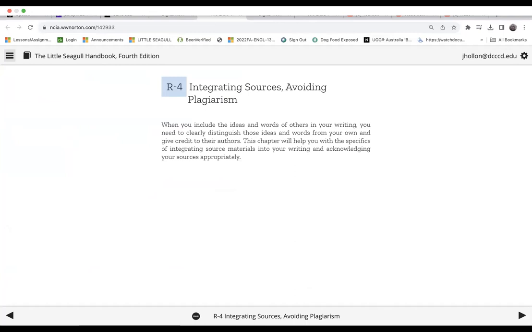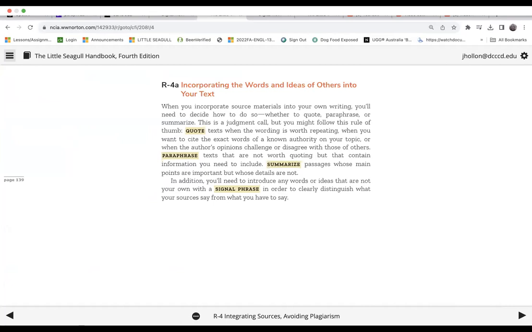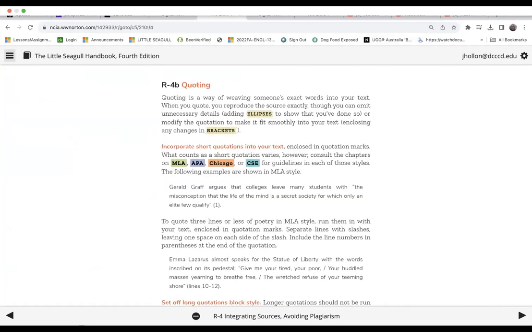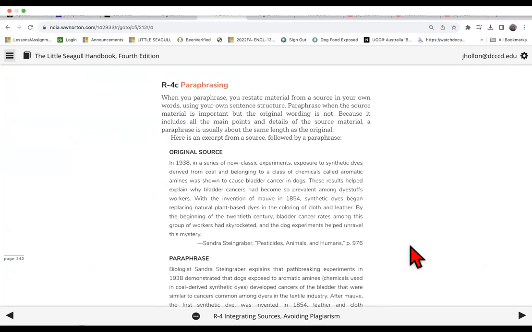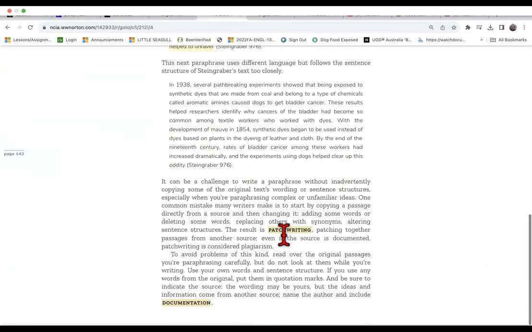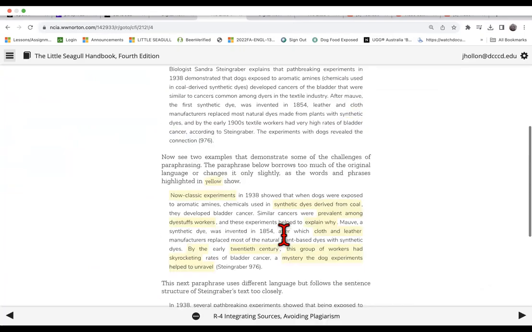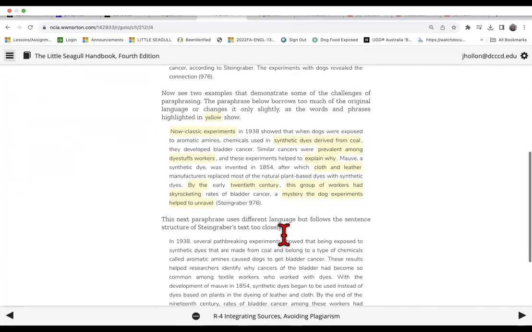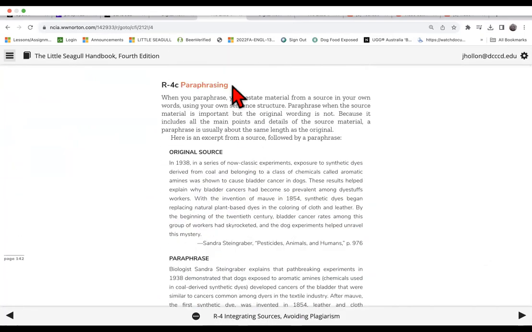Plagiarism is definitely something that we need to talk about, or you should read about. You don't want to take someone's words and present them as your own, because it can get you a 0 on an assignment. And with repeated use, you could be disciplined academically by perhaps being booted out of the class.